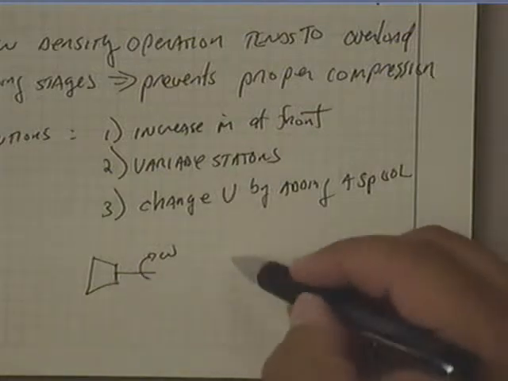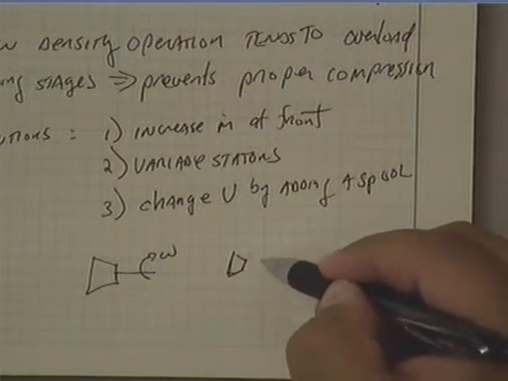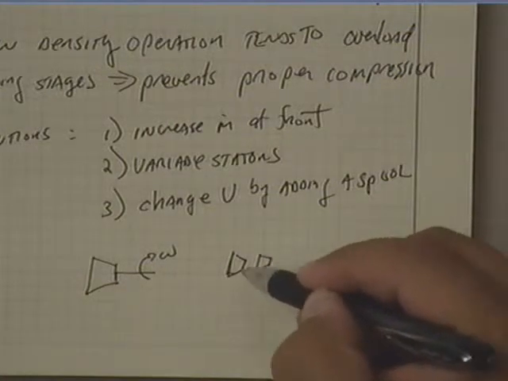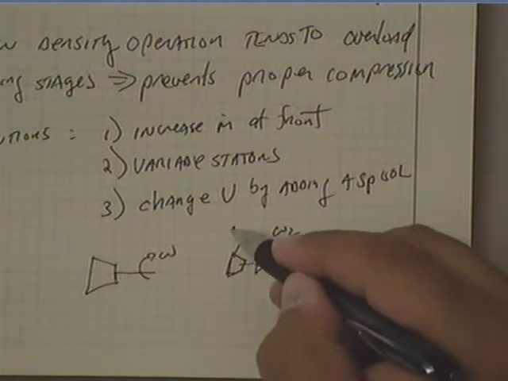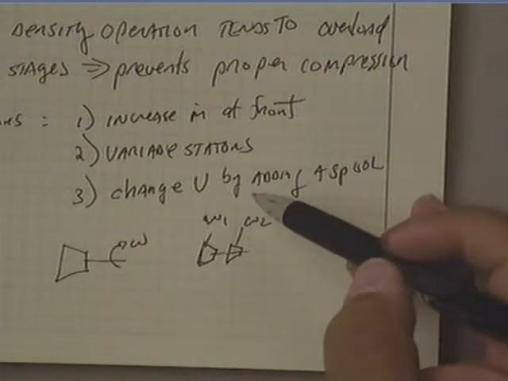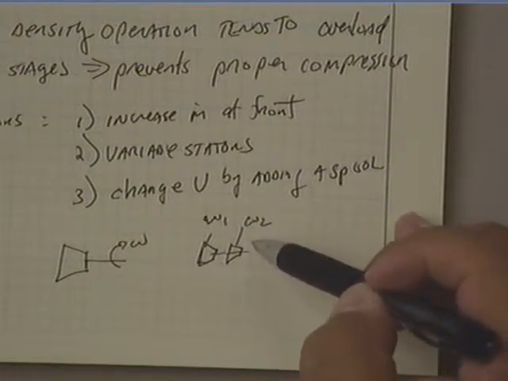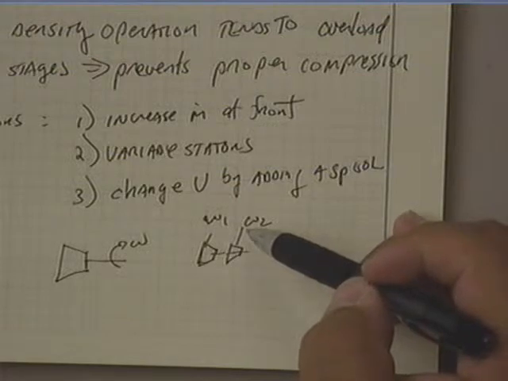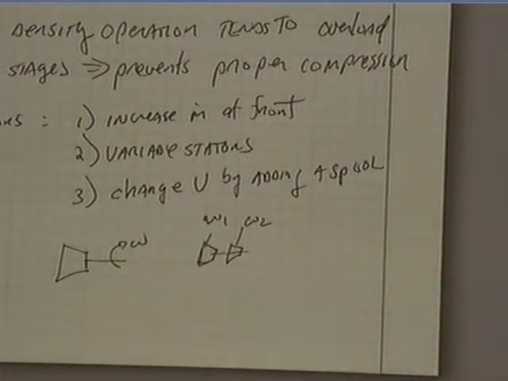So I could break this up into two spools, where now this is omega 2 and this is omega 1, and I can have the rear stages spin at a different RPM. Think about what Rolls-Royce does with having three spools. They handle some of this problem by having an additional spool.